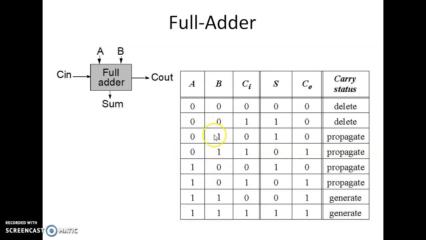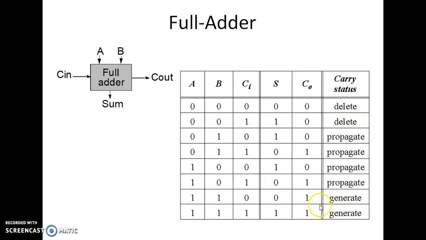So when a is 0, b is 0, according to our equation, d is 1, and the output carry will definitely be 0. What is delete? Carry is going to be deleted irrespective of the input carry. We are examining only a and b. If a and b are 0, whatever the input carry, either 0 or 1, the output carry is going to be deleted.